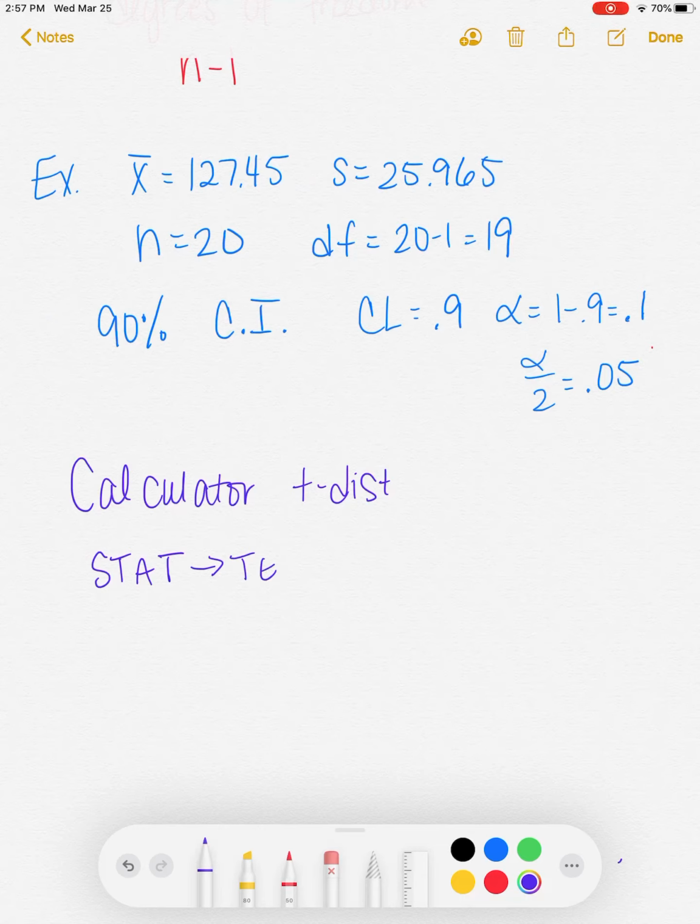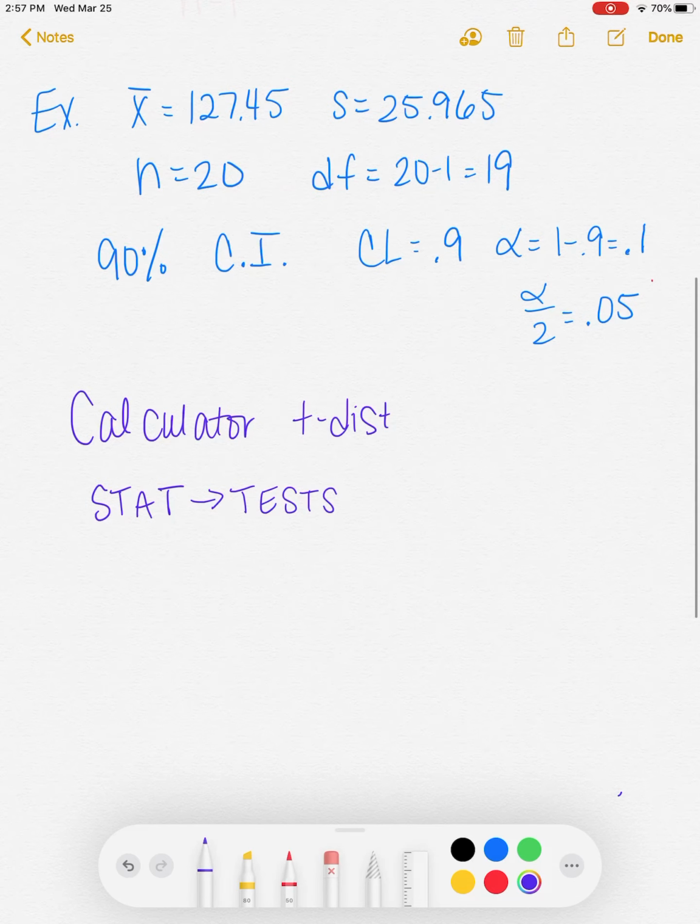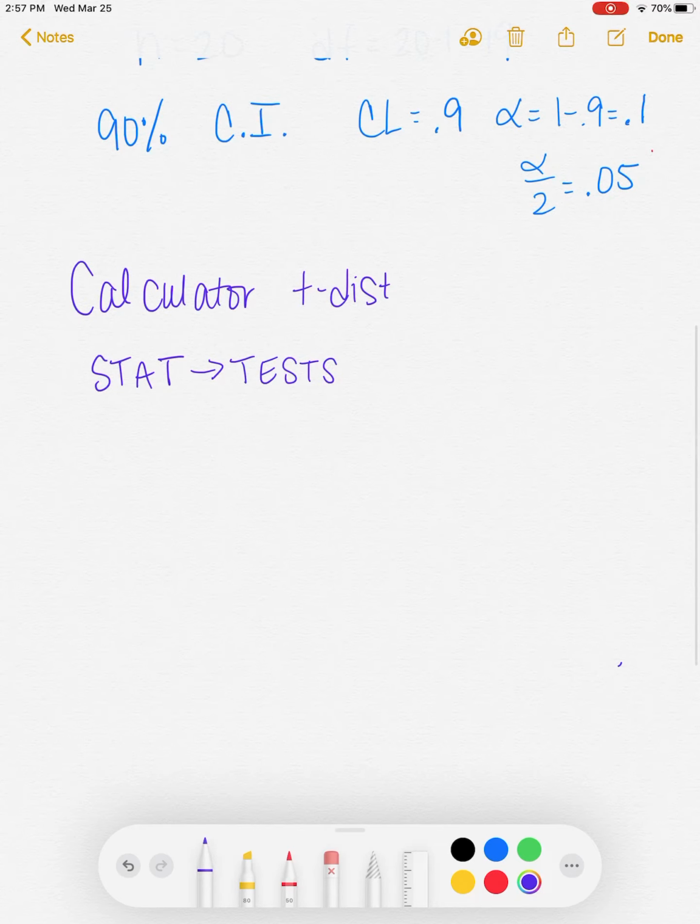Stat, then tests. We've been here before. Then we're going to go down to number 8. You may have to use the down arrow. Number 8 is going to be t-interval. We used z-interval last in section 8.1, so it's right underneath that, t-interval.